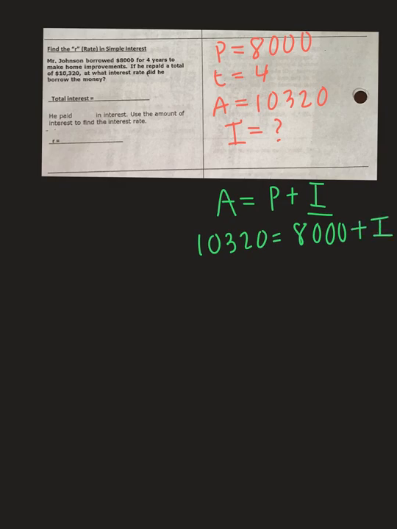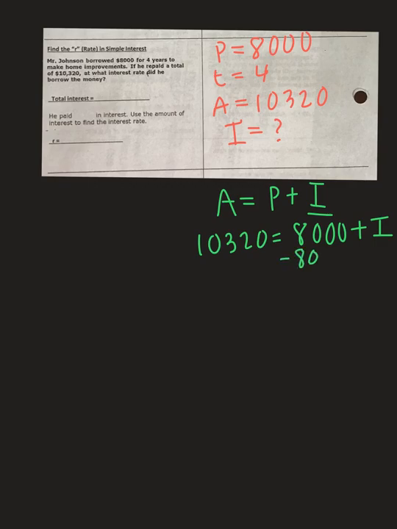So in order to find our rate, we first have to find our interest. Remember from the front, in order to find the total amount, we did principal plus our interest, which means we can work backwards to solve for our I. So if I plug in $10,320 was my total amount, $8,000 was my principal, I can figure out how much interest I had.